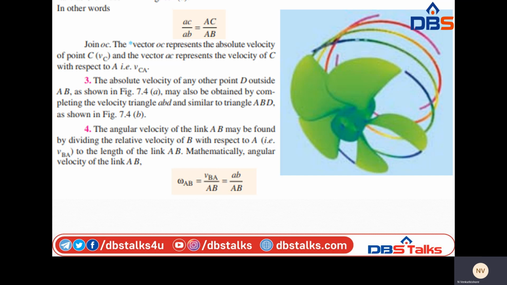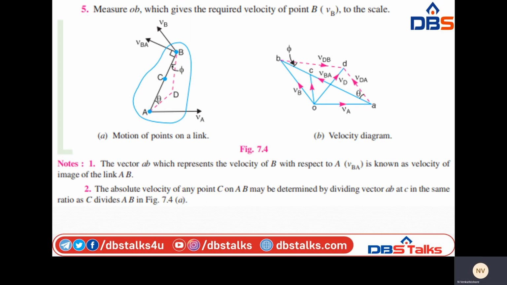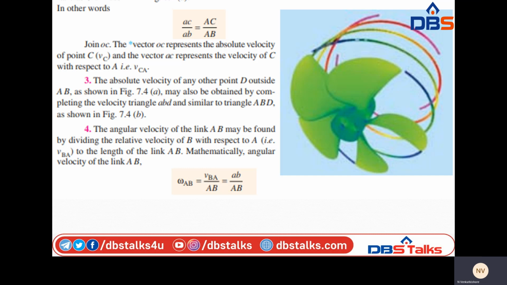The velocity of B with respect to A, VBA, is nothing but ab. If you see the velocity diagram, the VBA passes through ab, so ab divided by the length of capital AB.